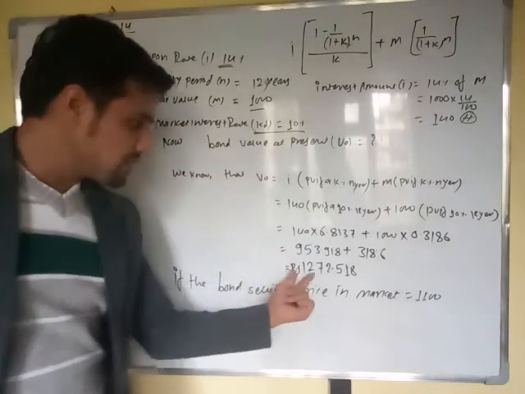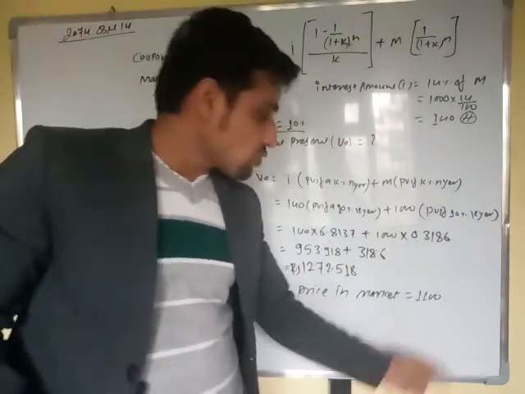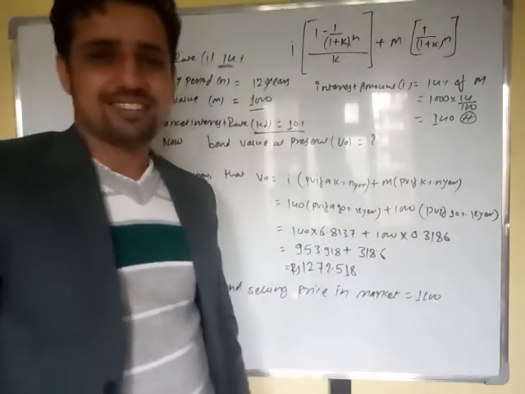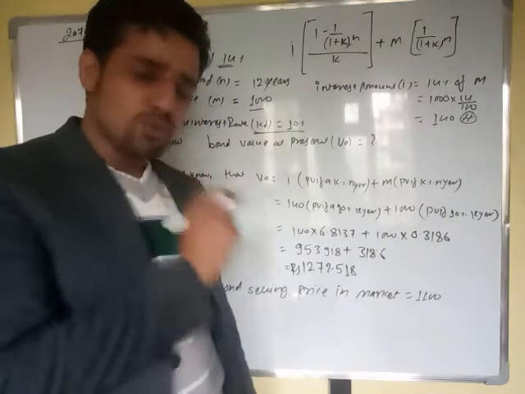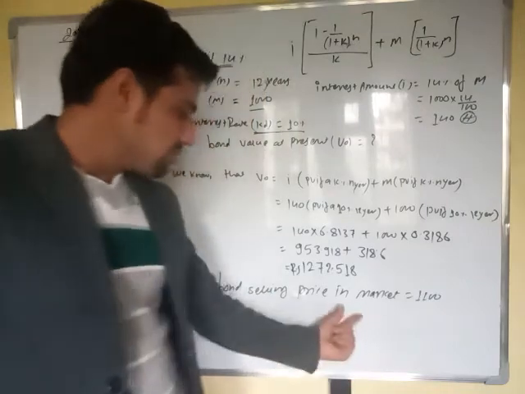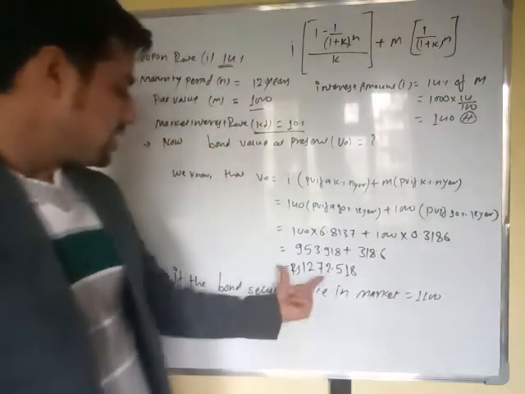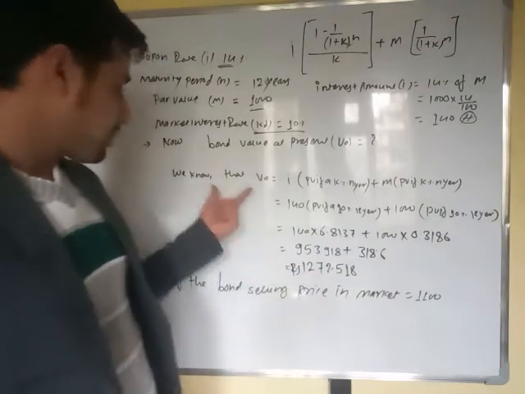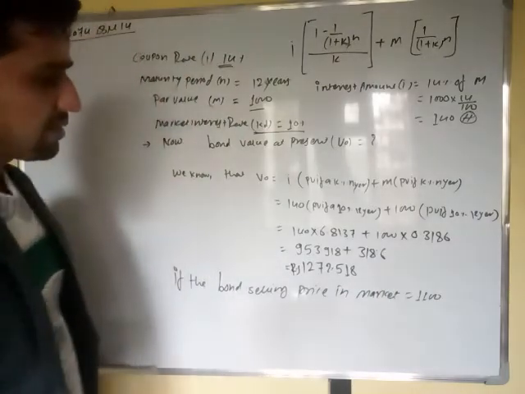Your present value of this bond is 1272.518, but you can sell it onto the market for only 1100. At that time you need to hold or purchase the bond, because compared with the market value, the present value of the bond is higher than the market value.